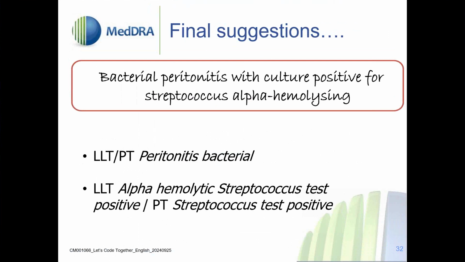So in order to capture all this information, we should really split code in this instance. We are on the safe side then. We have captured the full information. We have not made any assumptions about any causal relationship between these different diagnoses and investigational finding. So with this, we are really on the safe side. We are not interpreting anything. We are not adding information, but we are also not omitting any information.